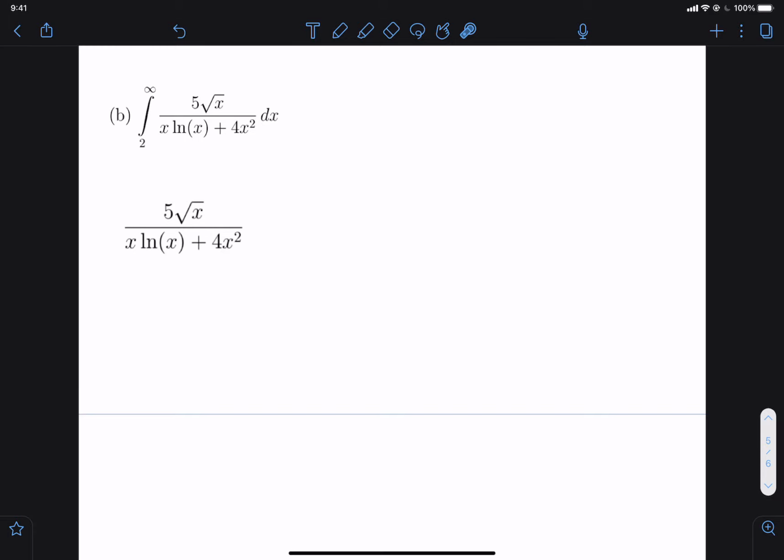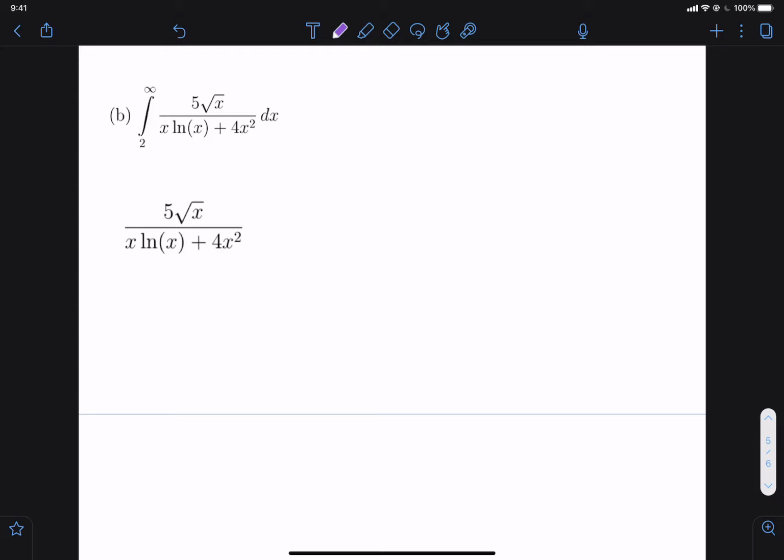Greater than 0. So we can consider dropping this term because it's complicated. If we drop that, the numerator becomes less. This is a positive thing, so the numerator becomes less, then the whole function becomes greater.